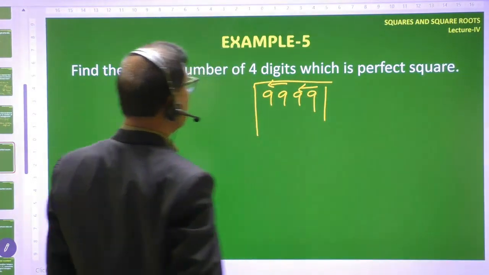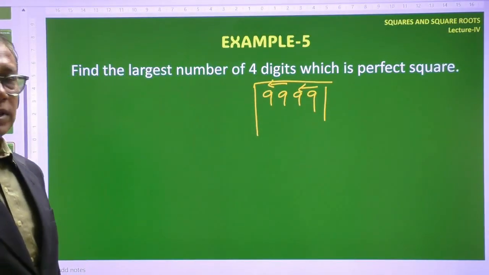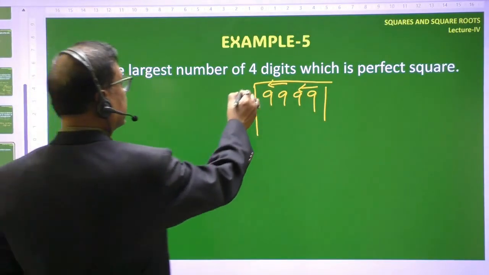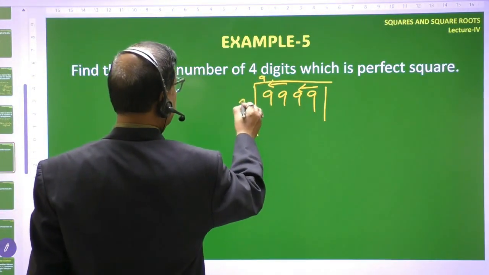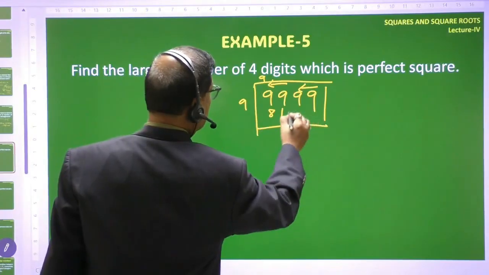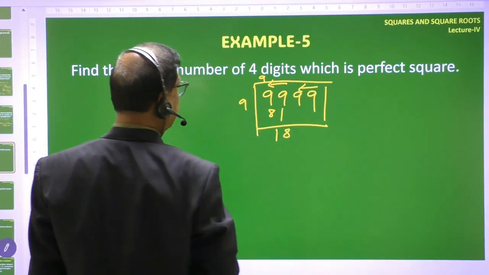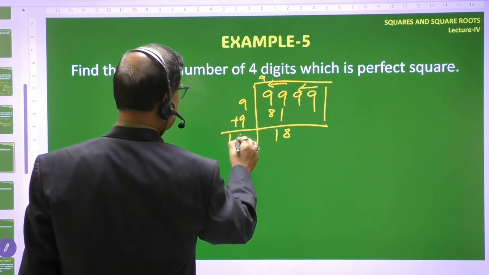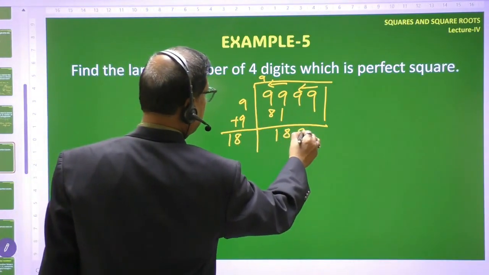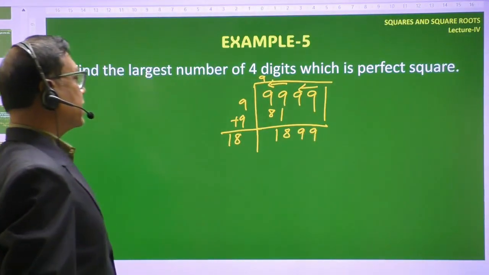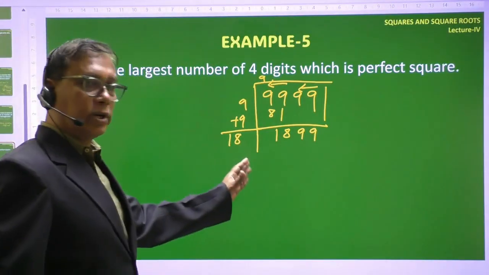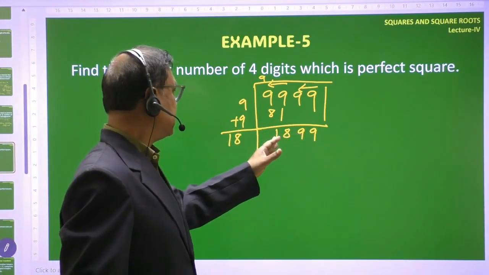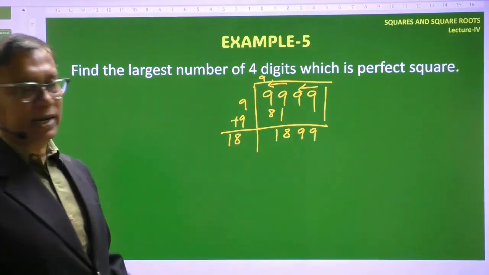Clear? So 99. 99 means 9 square 81, 10 square 100, obviously 9 here. So 9, if I give 81, then 18 is the remainder, then plus 9, that is 18. So next pair, 1899 now. I told you, for the new digit leave 9, for 8 we can leave 9, 18 that means 1.